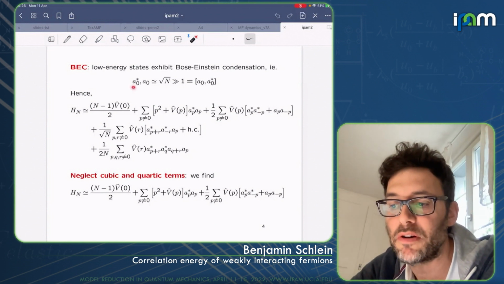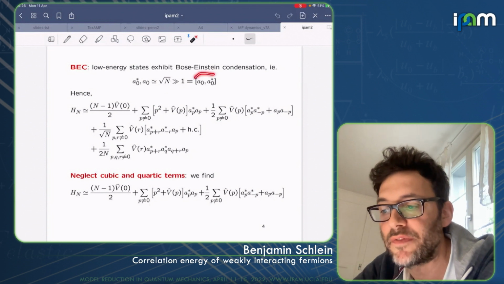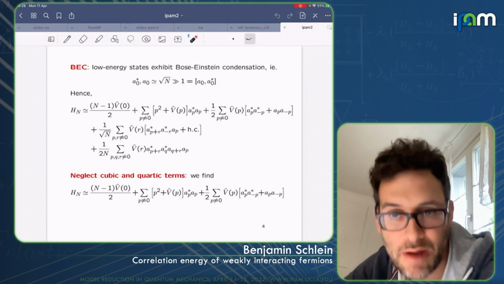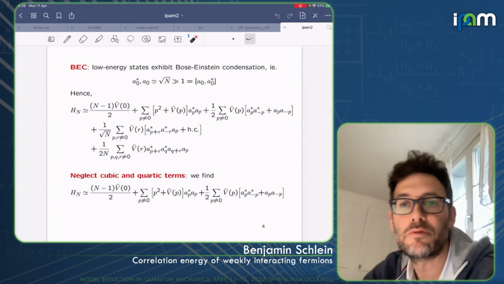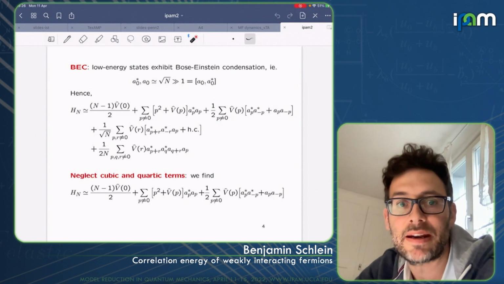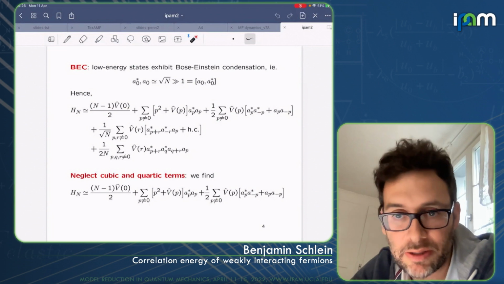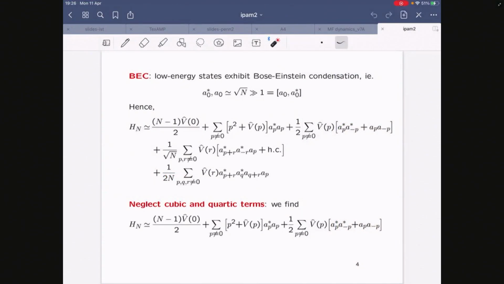So we expect both operators to be of the order square root of n, which is much bigger than the commutator of these operators, which is 1. Because of this observation, we can replace these operators, a_0 and a*_0, essentially by numbers. It doesn't matter anymore that they are operators, because the size is so big that the fact that they don't commute is almost irrelevant.